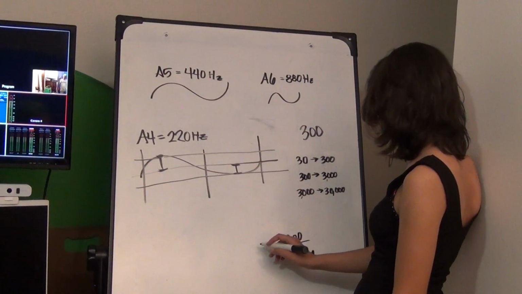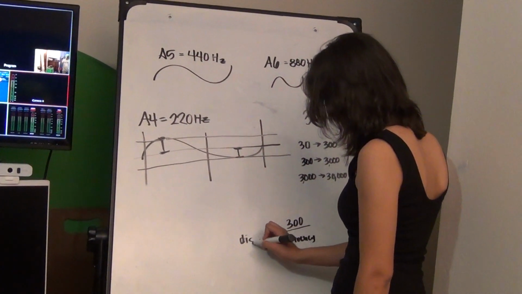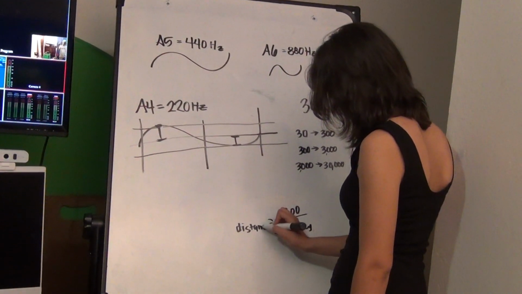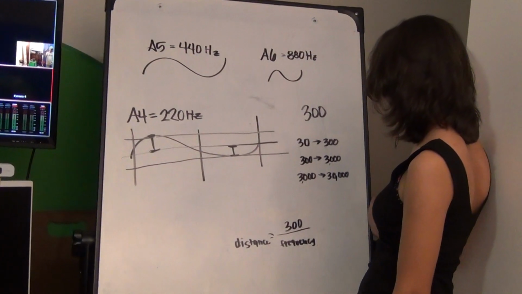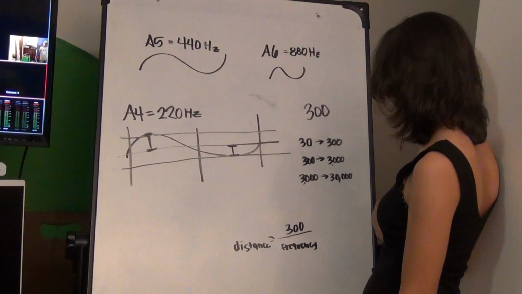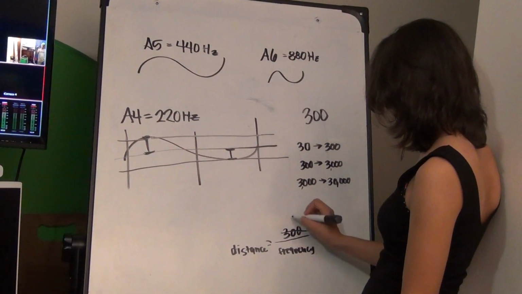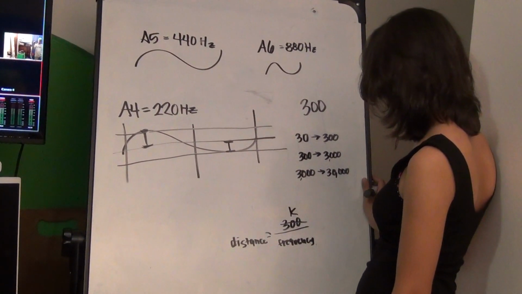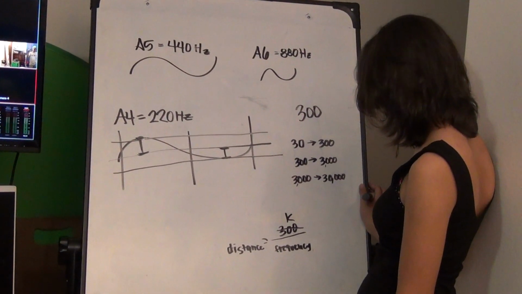And the other part of it is distance. So let's test her now. Draw a line through it and make that a K, a constant. So now that's going to stay the same.